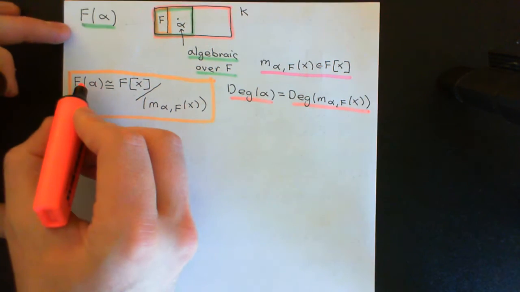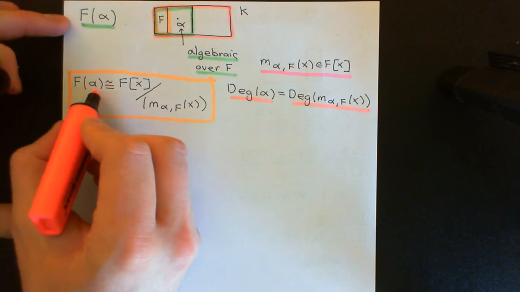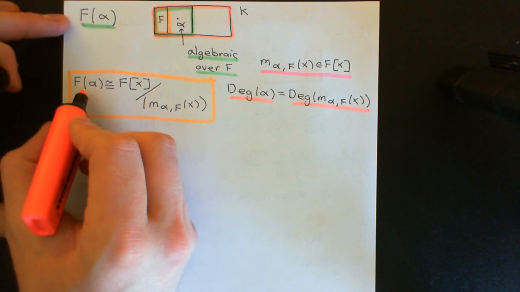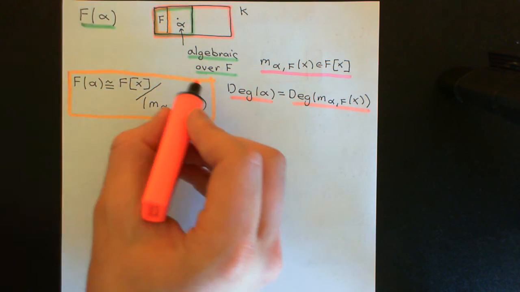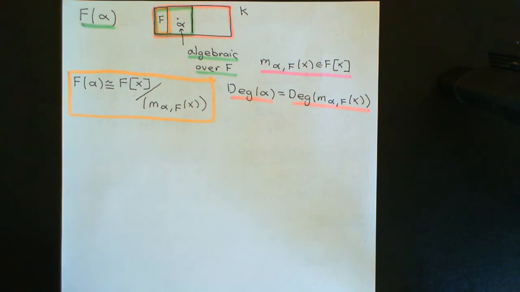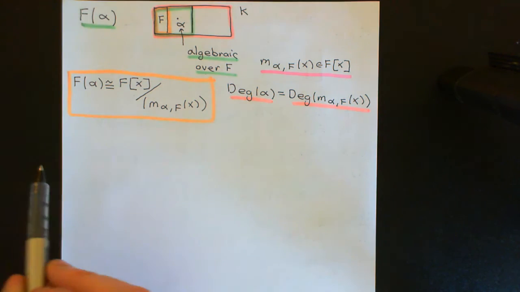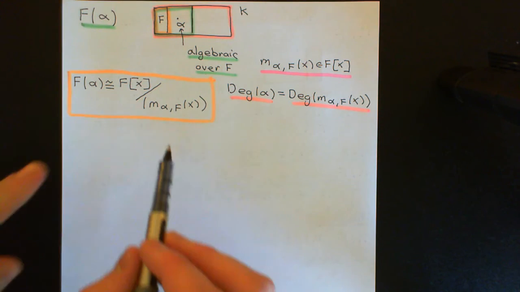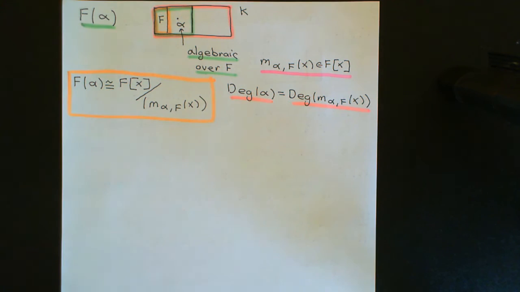Well, what is the degree of the field generated by alpha over F going to be? It's going to be the degree of this quotient ring over F, and we know from the previous video that the degree of this quotient ring over F is just the degree of the polynomial that you're using to generate the principal ideal by which you're quotienting out.